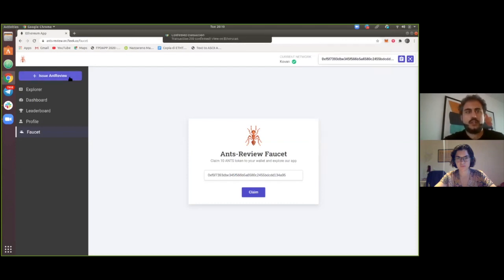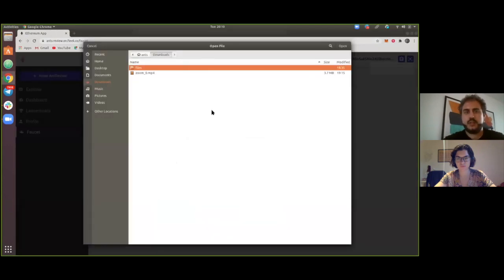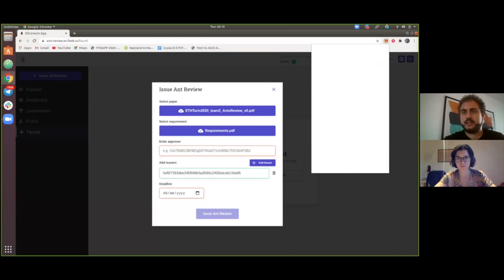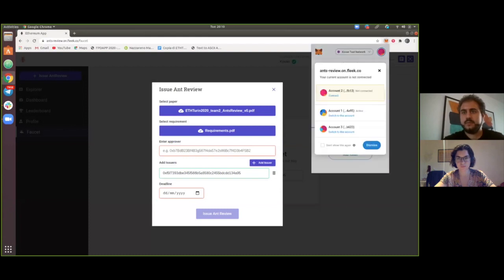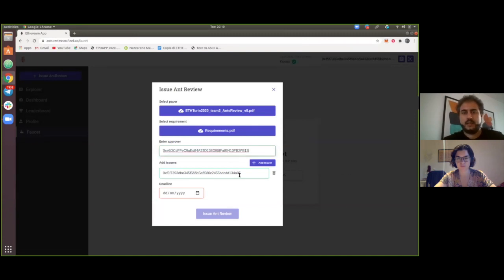Now we can issue an Ant Review by choosing the paper to upload, as well as the requirements and the approver that can be selected, as well as issuers.